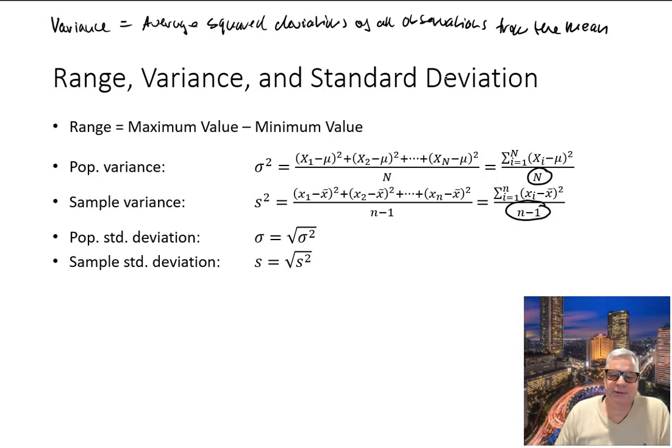Because this is a little bit more intuitive than thinking of the average squared deviation, in order to get from the variance to the standard deviation, we take the square root of the variance. So the standard deviation is probably the most intuitive measure of dispersion, because it can be interpreted as the average deviation of all observations from the mean.